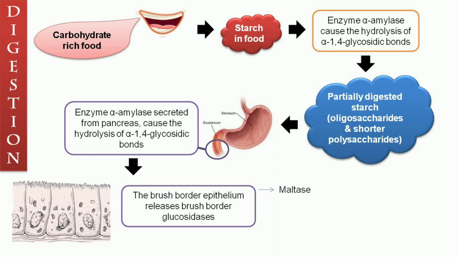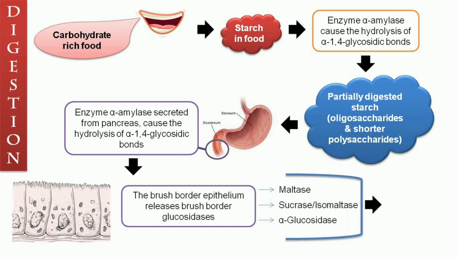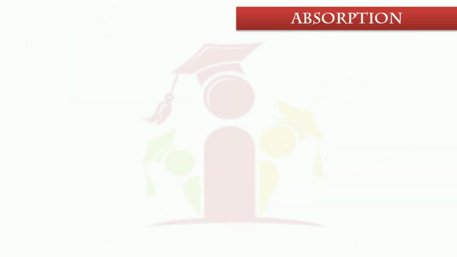These are maltase, sucrase or isomaltase, and alpha glucosidase. These finally convert all the partially digested starch into smaller glucose units, which are ready for absorption.